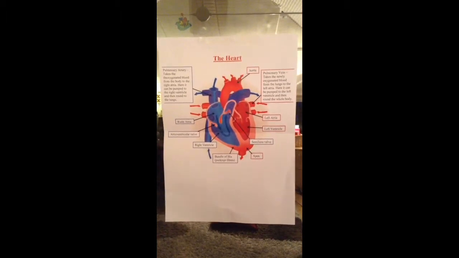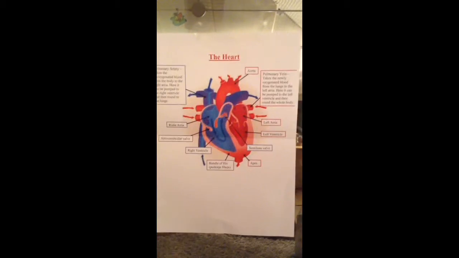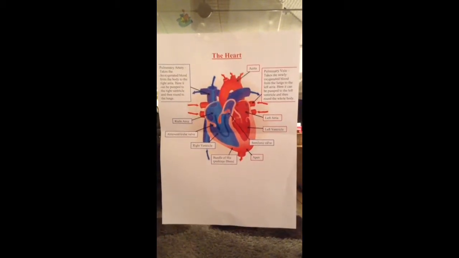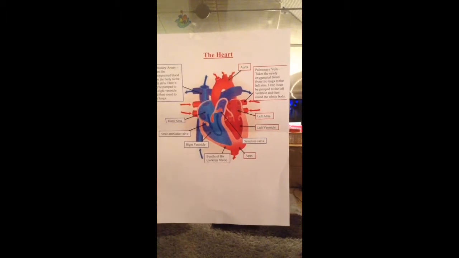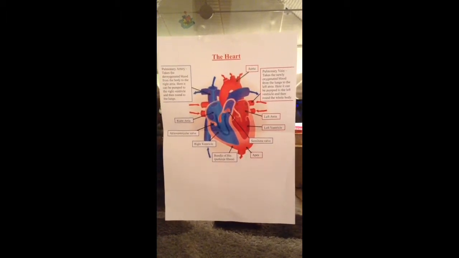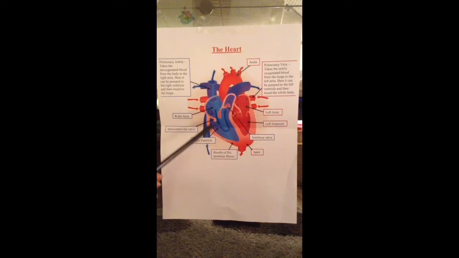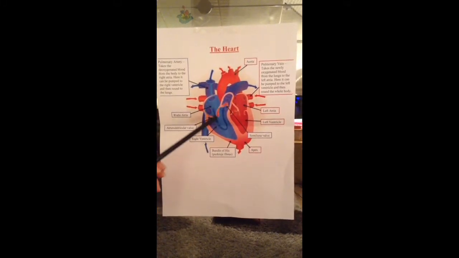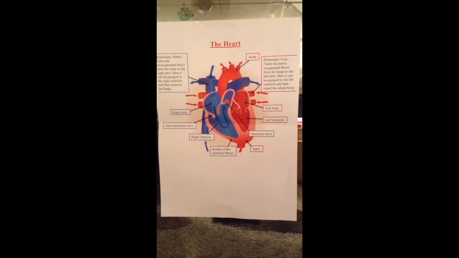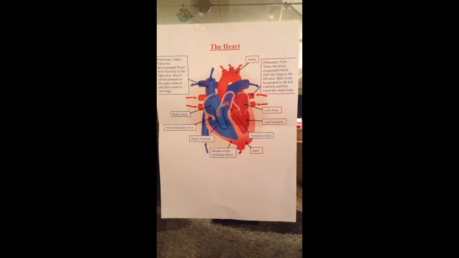And I'm going to tell you the order in which that happens. So the atria will contract, increase in pressure, atrioventricular valve opens, goes into the ventricle, semilunar valve opens, out through the vessel.